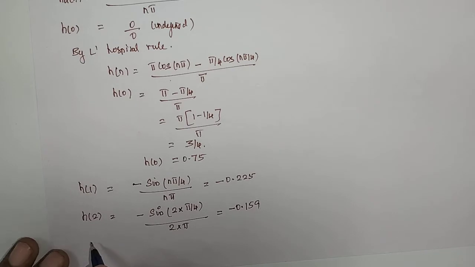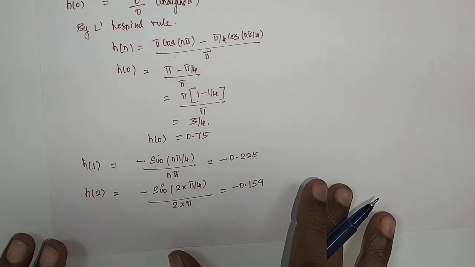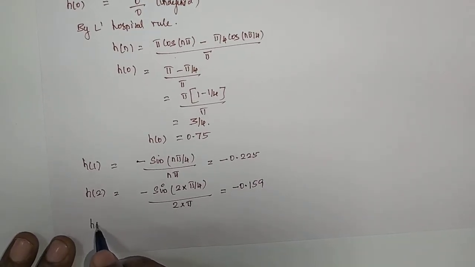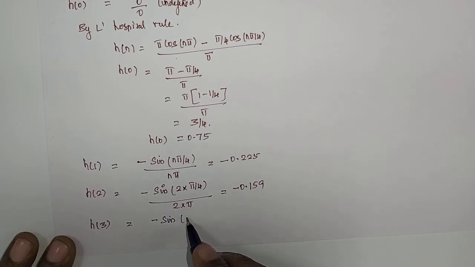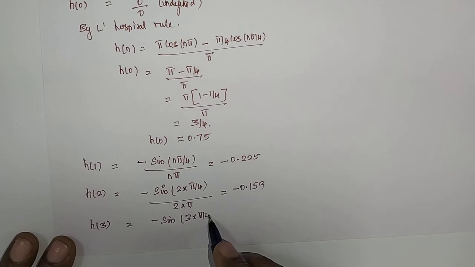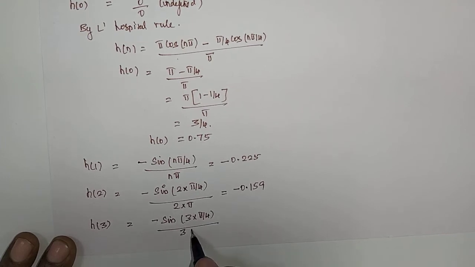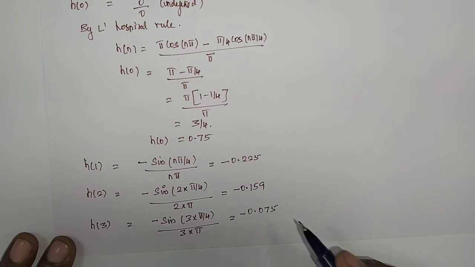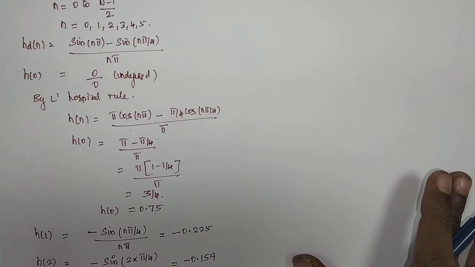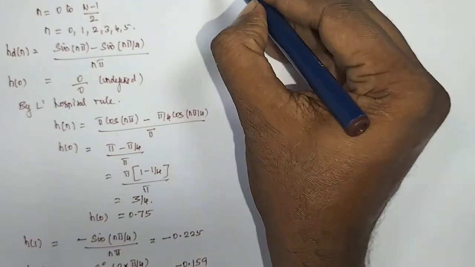And similarly for h of 3, h of 3 is equal to minus sin 3 into pi by 4 divided by 3 into pi, and this value is equal to minus 0.075. And similarly for n is equal to 4.